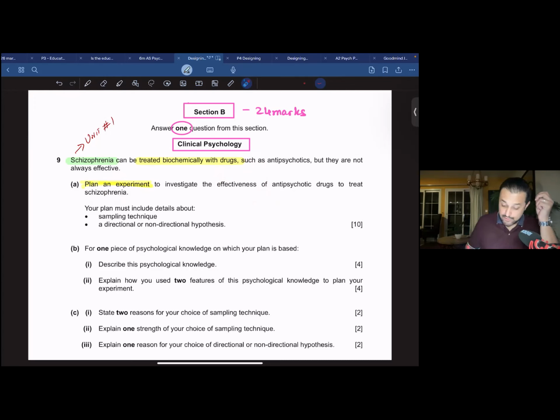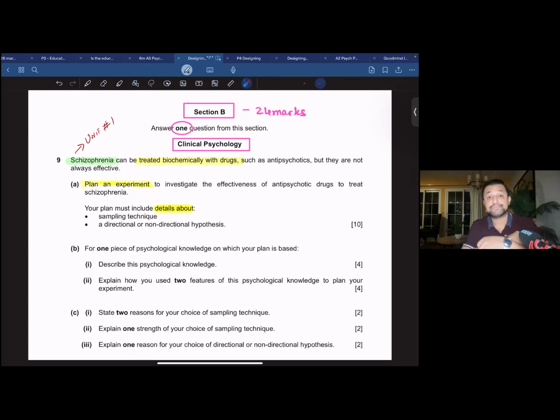Your plan must include details about these two specific features. While planning this experiment, make a point to include details. They're not asking you to superficially mention them. They're expecting you to write details. Your plan must include details about the sampling technique you've used. It should include details on the directional or non-directional hypothesis.